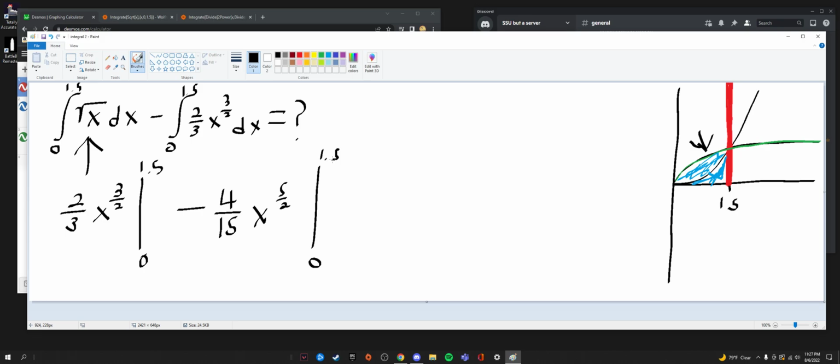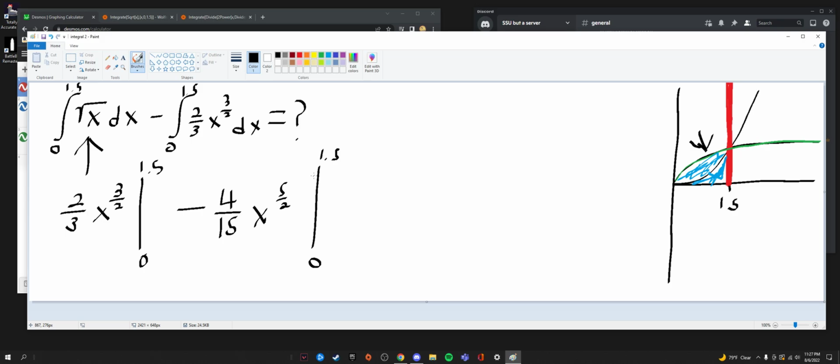We only have to consider the 1.5 part. Now, if we plug in 1.5 for x, we have it raised to a fractional exponent, but not only that, the numerator is not 1. So what we do is we take the square root, because it's to the half power, and then we cube it.